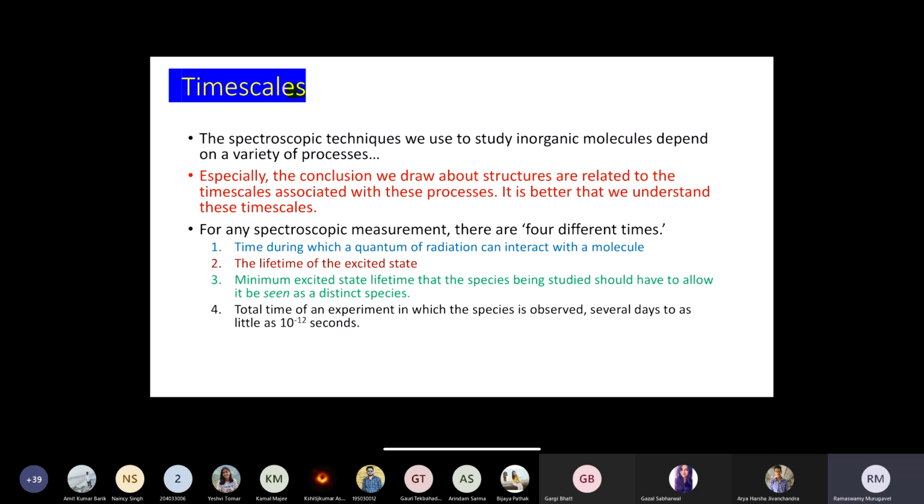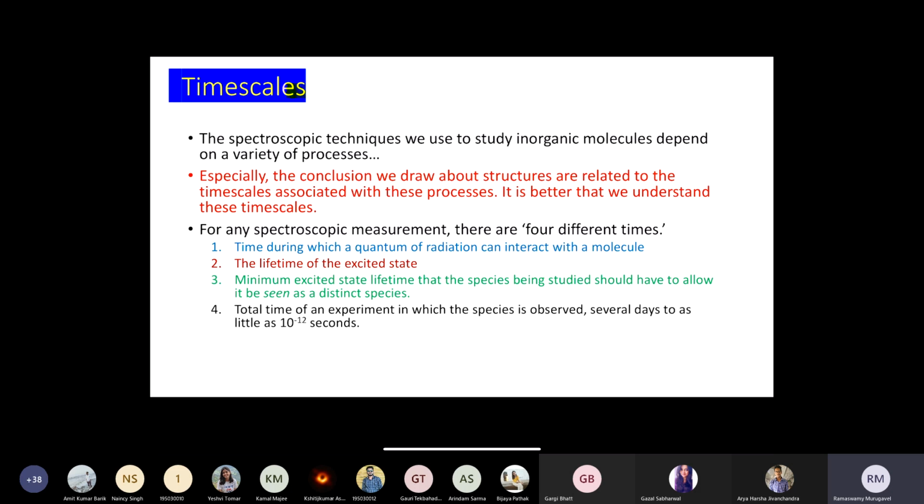If the lifetime is large, and it starts decaying in a particular fashion and does not spend enough time there, it has to correlate with the time that you have in your hand to see it. Suppose the lifetime of the excited state is 10 power minus 16 seconds, just as an example, and the probe you're using is not 10 power minus 16 but 10 power minus 12.